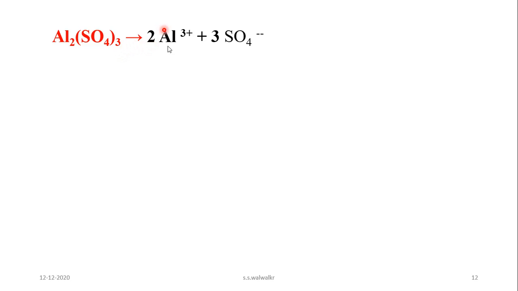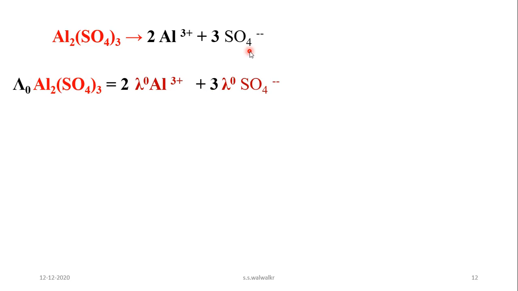Al2(SO4)3 gives you 2 Al ions plus 3 SO4 ions. So the Kohlrausch expression is lambda 0 of aluminium sulfate is equal to 2 into lambda 0 of aluminium ion, because in the formula 2 Al ions are there, plus 3 into lambda 0 of SO4 ion.